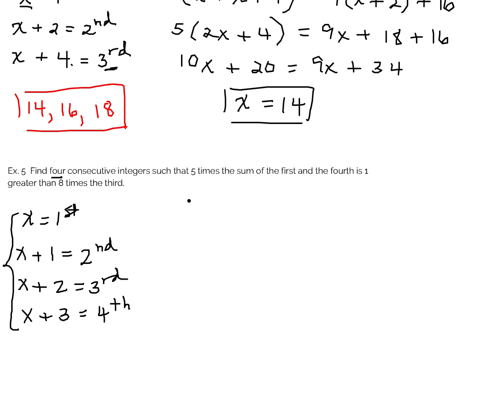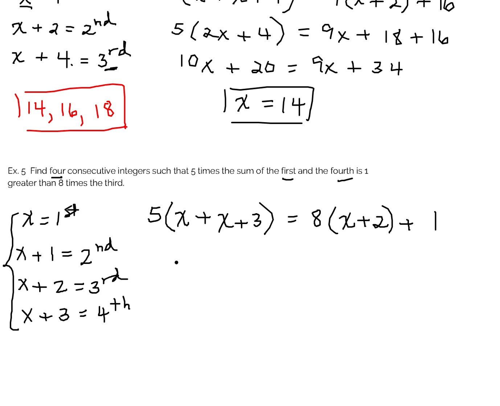So let's read along with the problem. Find 4 consecutive integers such that 5 times the sum, and now we need the first and the fourth. Because I have my heading, it's really easy. The first is x, and the fourth is x plus 3, is 1 more, so I put that at the end: 1 greater than 8 times the third, which is x plus 2.